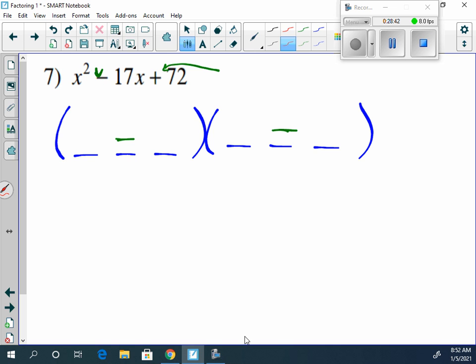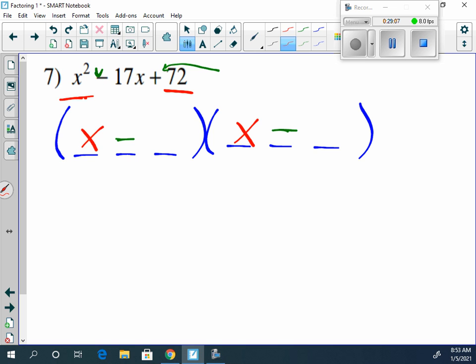Now step number 4 is going to be the factors of the first and third terms. What are the factors of x squared? x and x. Because the only things that multiply together to give me x squared are x and x. We only have one set of factors.